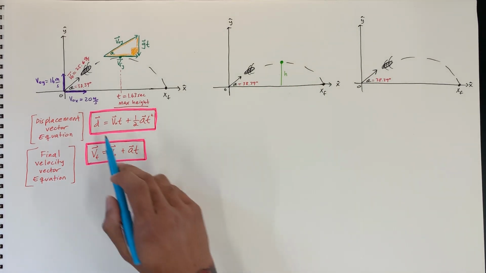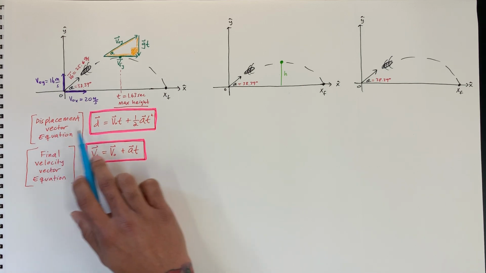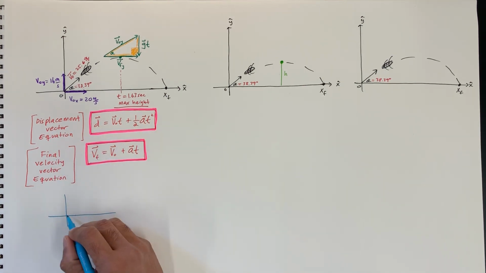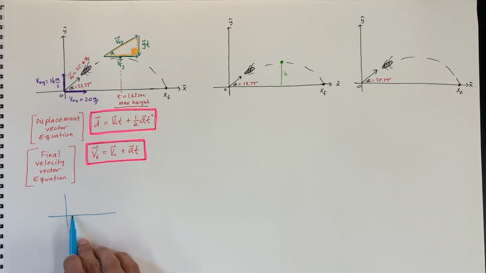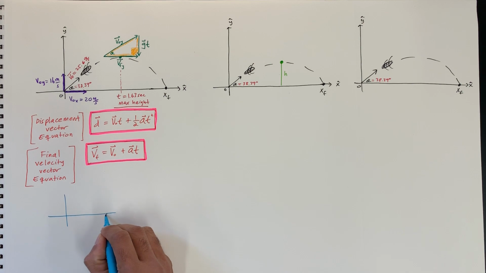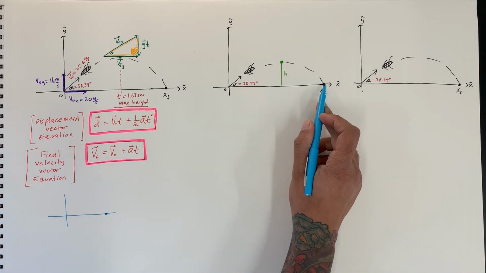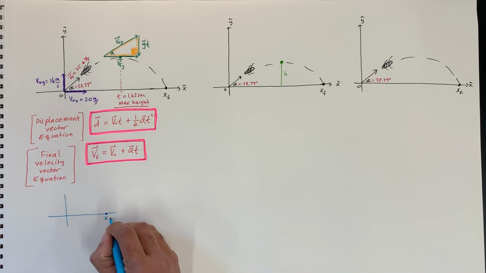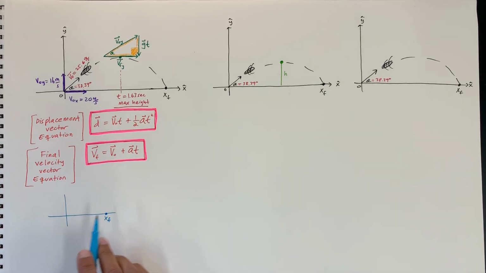All right, so remember that this displacement vector equation, we put our displacement vector towards the final position. And the final position was here for the previous problem, right? X final, that's where the ball lands. And so that's where our displacement vector goes, anywhere that we're interested in going, the final position.